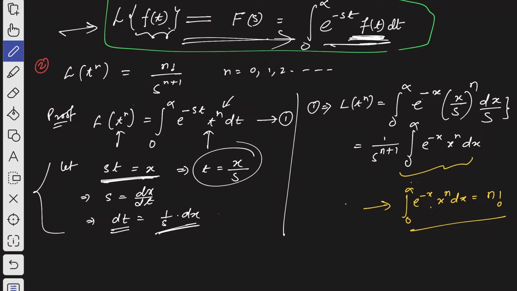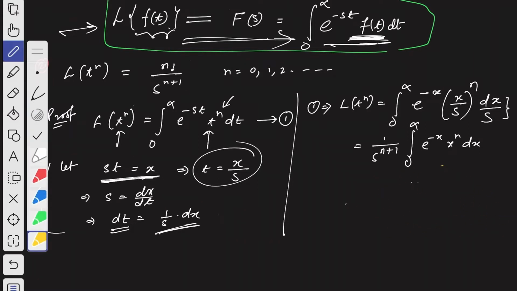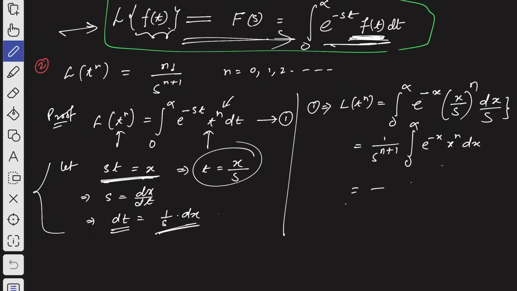This is equal to factorial n. So that's why we can write that 1 by s to the power n plus 1 into factorial n, or you can write factorial n by s to the power n plus 1. So that's how we can prove. So hope you have understood.